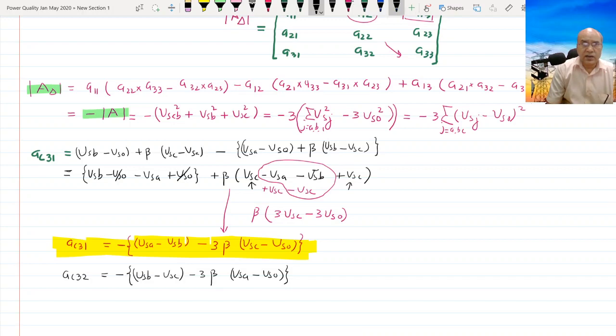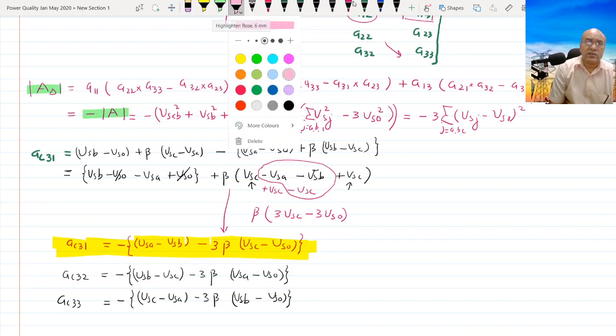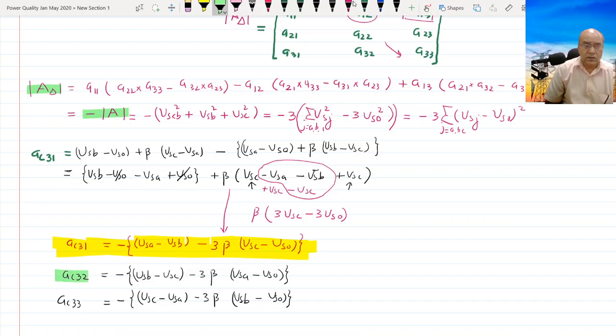And similarly, we can write for AC33 equal to minus Bsc minus Bsa minus 3 beta Bsb minus Bs0. Okay, so there are basically 3 cofactors, and their values are given by these expressions.